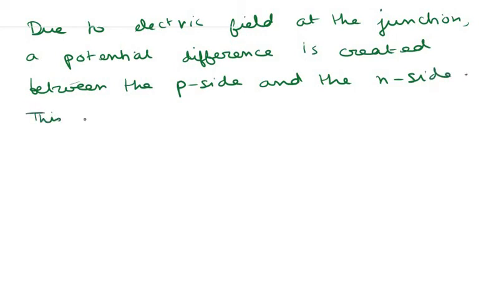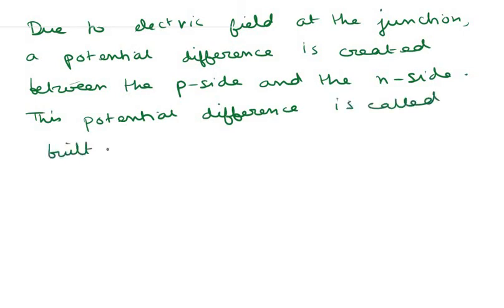This potential difference is called the built-in potential, and this is denoted by the letter V suffix Bi.